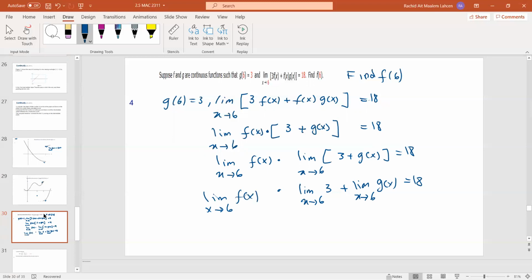And this is g of 6, which is here, a direct substitution. G of 6 is going to be 3. This one here, that one is just going to be 3, right? Because there is no, whatever happened is going to stay the same, right?